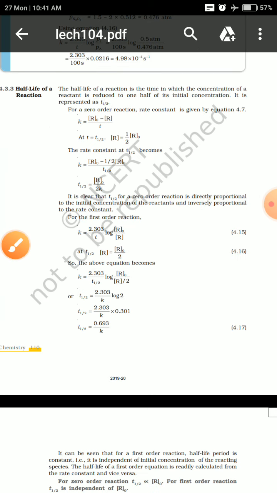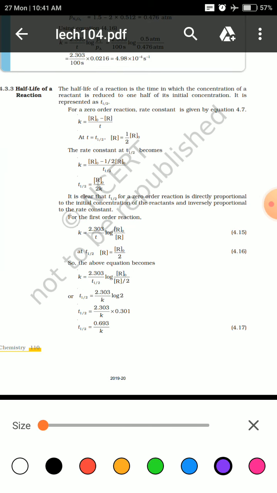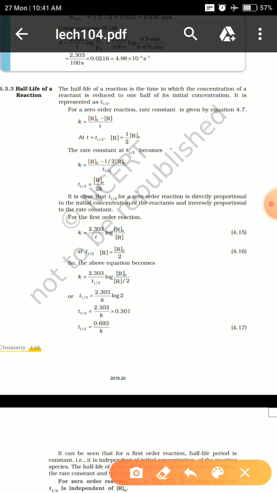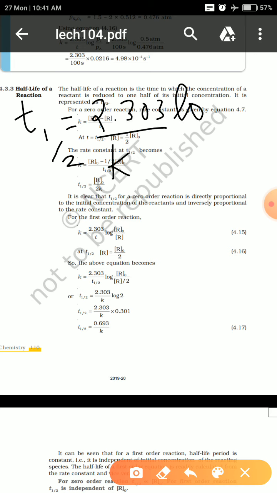T half in place of T, and R0 by 2 in place of the concentration R. Now if we rearrange, we can write T half equals 2.303 divided by K, log of R0 divided by R0 by 2.